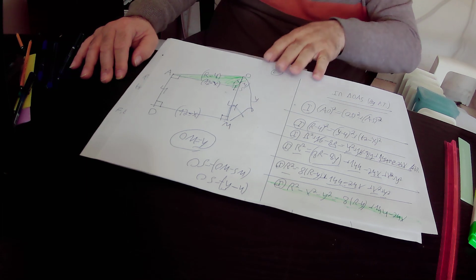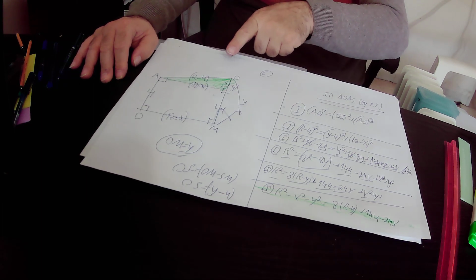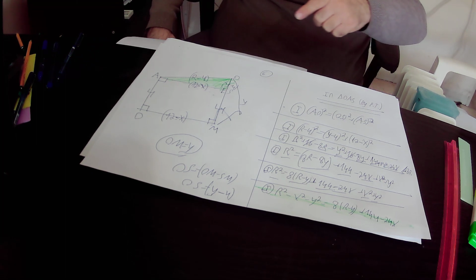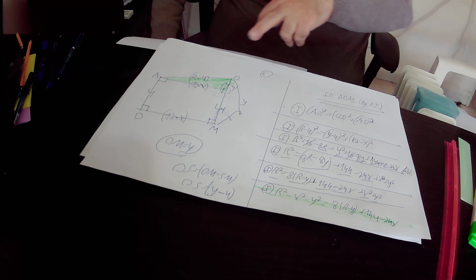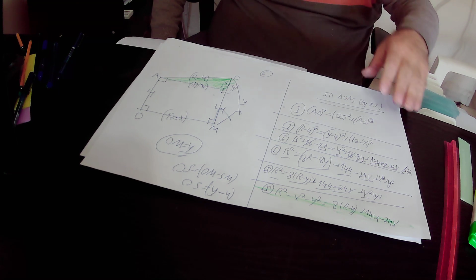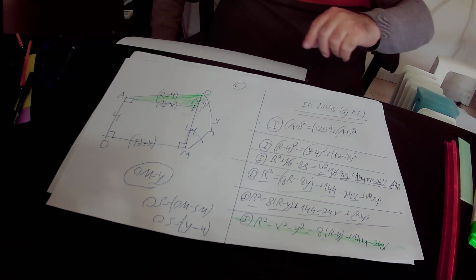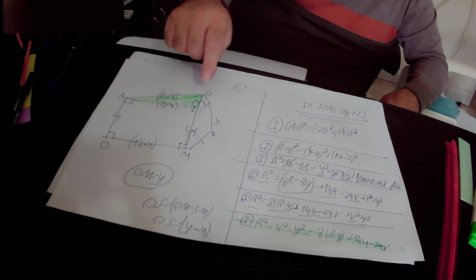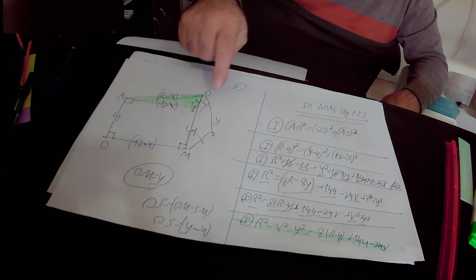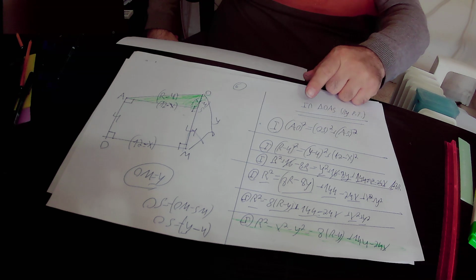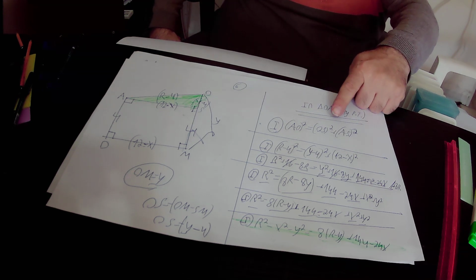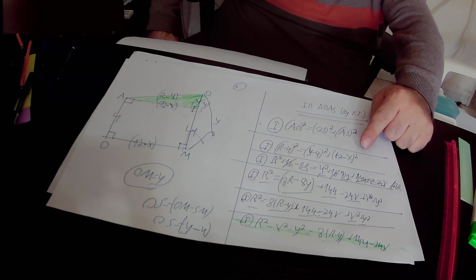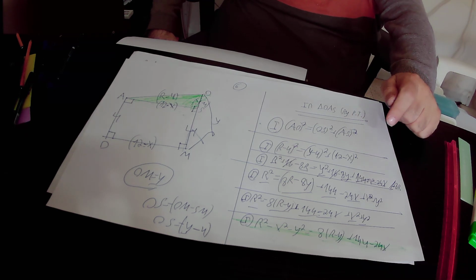Now we can apply the Pythagorean theorem to the green right triangle AOS. According to the theorem, the square of the hypotenuse equals the sum of the squares of the other two sides. That is to say, AO squared equals OS squared plus AS squared. So AO squared is (R minus 4) squared, OS squared is (y minus 4) squared, and AS squared is (12 minus x) squared.